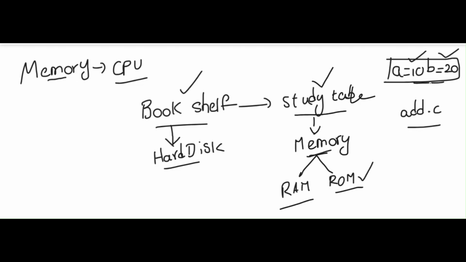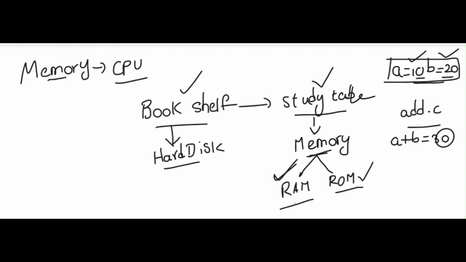Now the system will simply keep this data, 10 and 20, in RAM. Now what is a plus b here? A plus b is 30. It just calculates the value, which is 30. Where will this 30 be stored? This 30 will be stored in this RAM only.